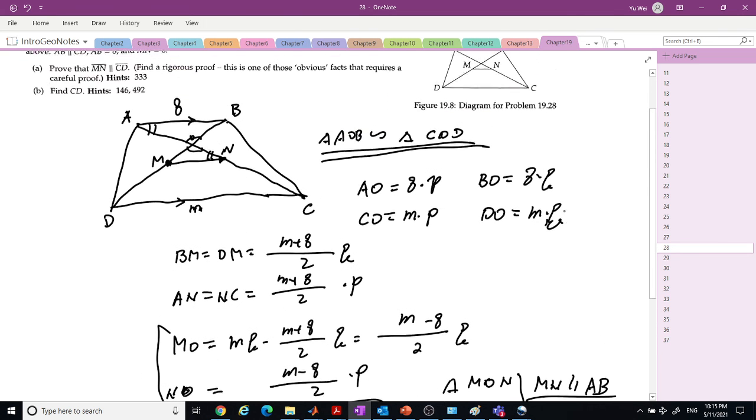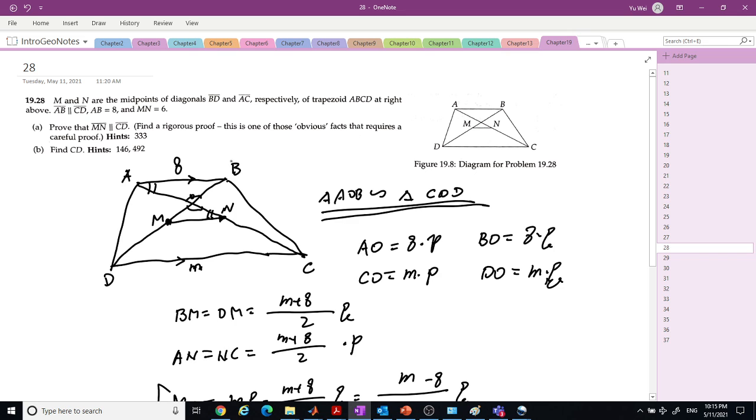The second question is, can we find CD? Let's extend it. Because this is the midpoint, R is also a midpoint and S is also a midpoint. In triangle ACB, NS is the midsegment, so this one is 4.